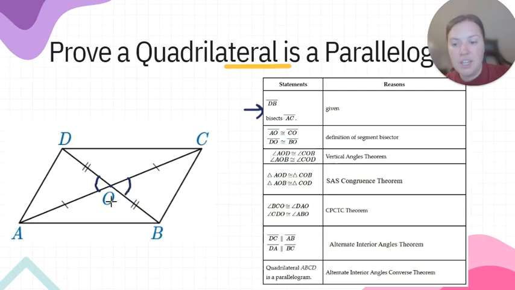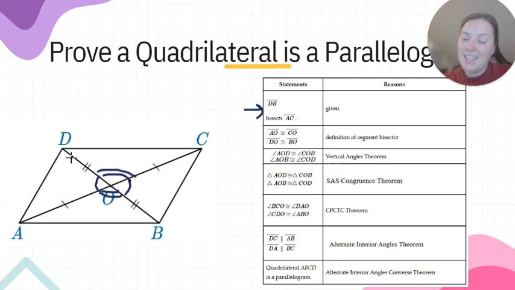And then we can do the same thing for AOB and COD. These two angles are congruent to each other, and these two angles are congruent to each other by the vertical angle theorem. Now, we've got side angle side congruence with the triangles that are opposite to each other. So the triangles that are opposite to each other are congruent.